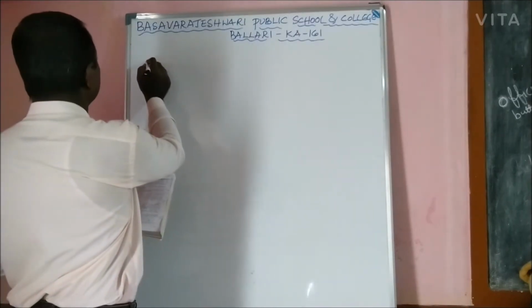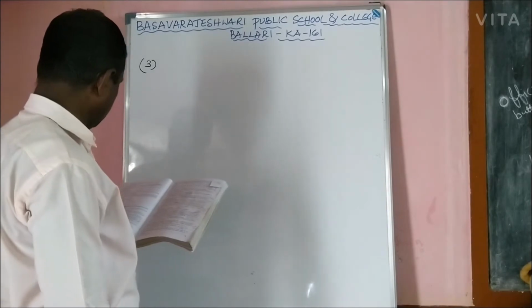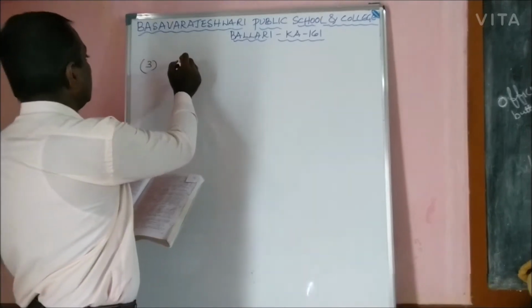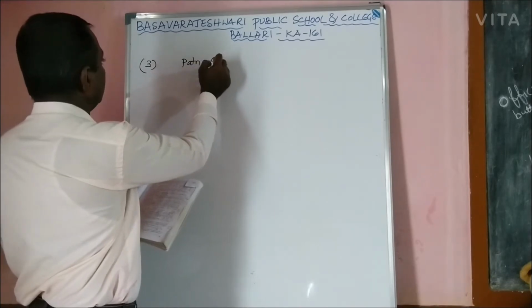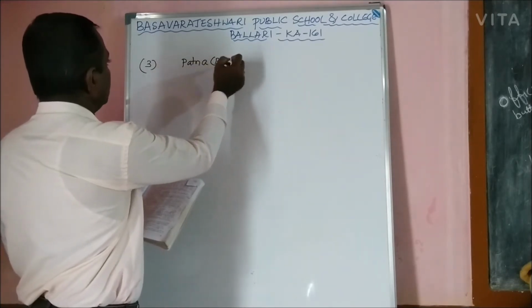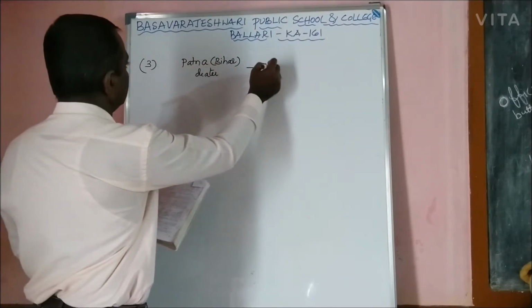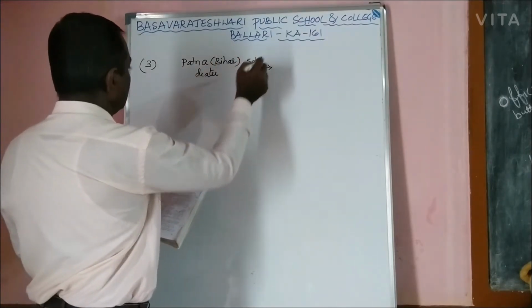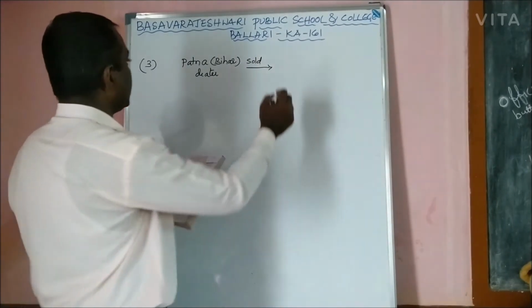Third question. Here in this question, the dealer in Patna, Bihar sold to whom? A consumer in Gaya.